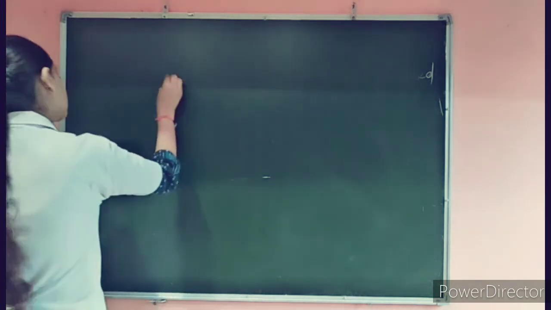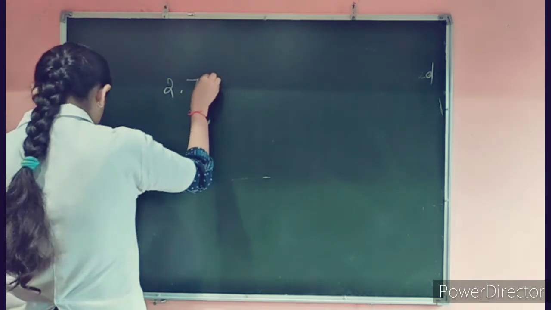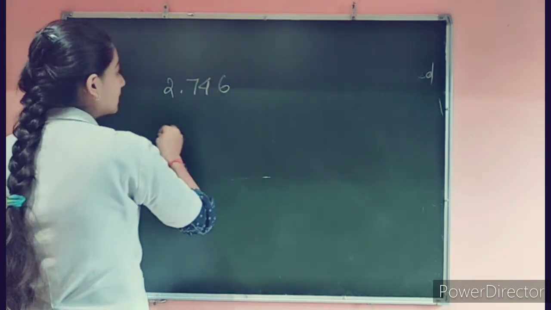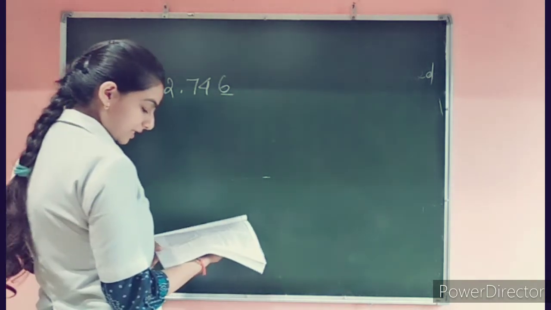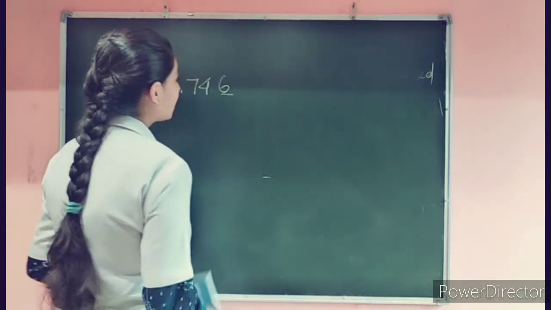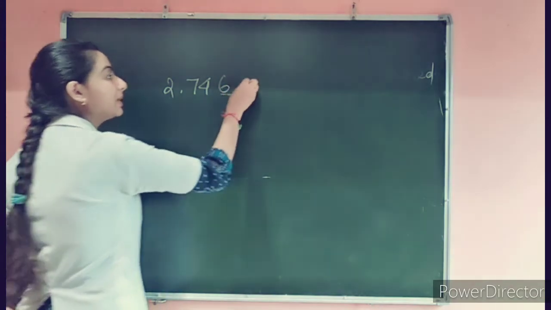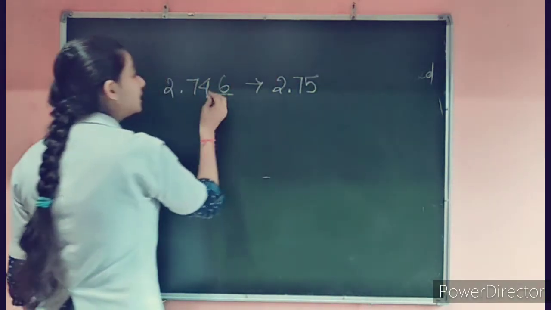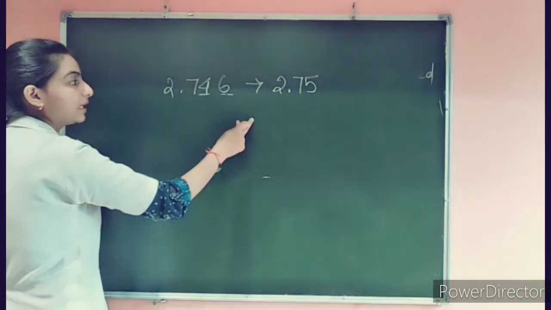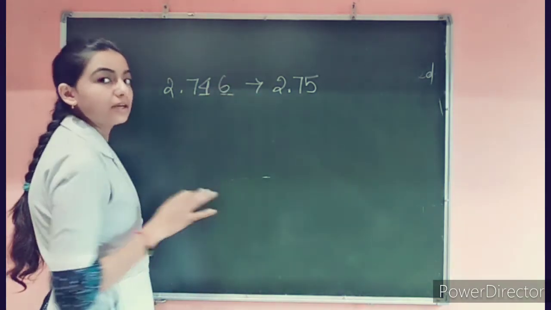Now, if we take 2.746, the digit that follows is greater than 5, so this will be rounded off as 2.75. This value will be raised by 1 if the number is greater than 5.